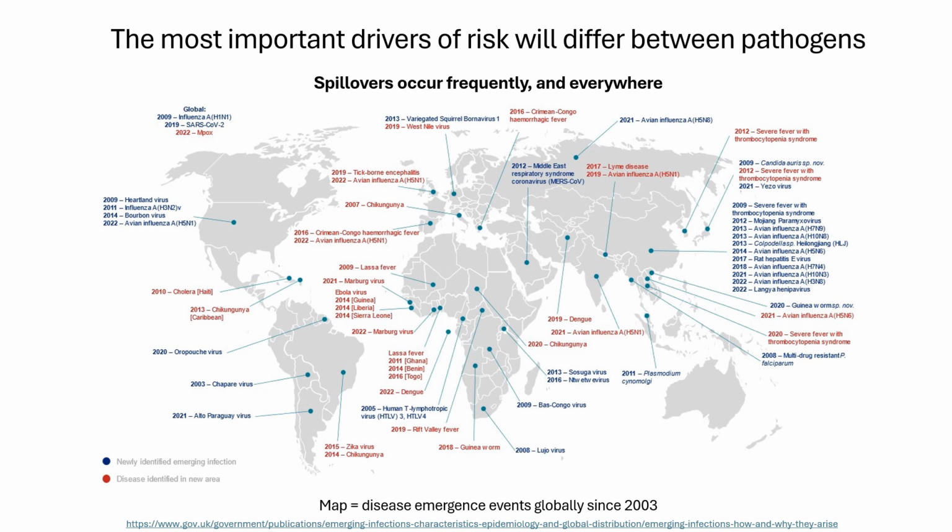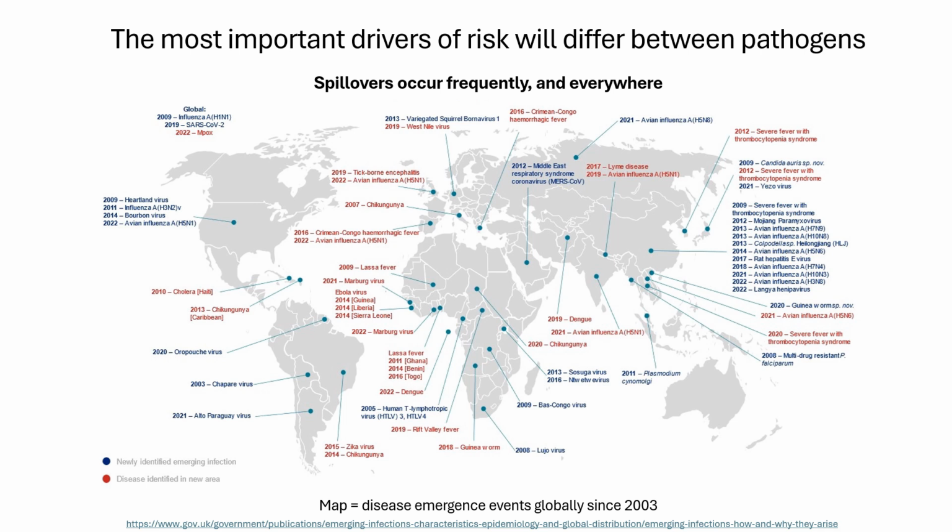And new pathogens like these are spilling over all the time. So this is a global map of disease emergence events globally, either newly identified infections, shown in blue, or diseases that have been identified in new areas, shown in red, since 2003. And this is doubtless non-comprehensive.